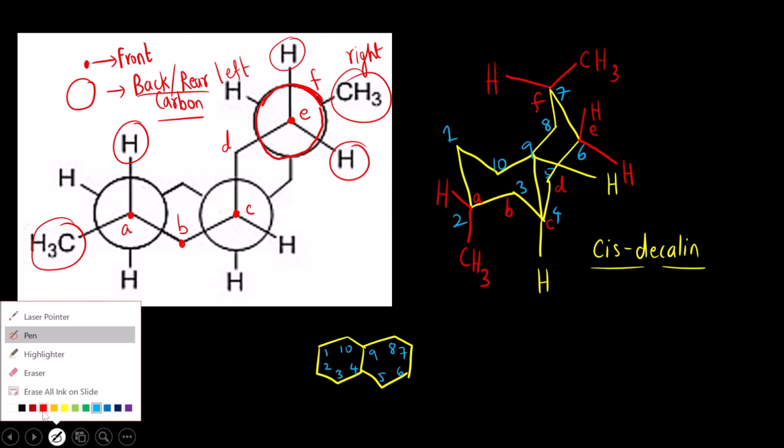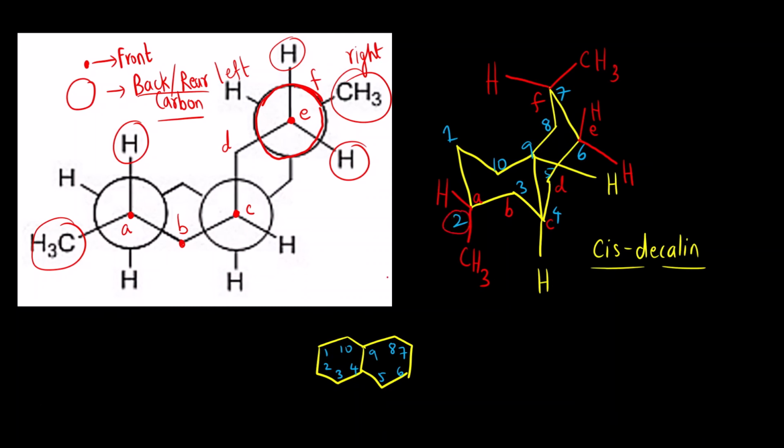Now we can draw the groups. At the second position there is hydrogen which is above the plane like this, and below the plane there is methyl. Then at the fourth position hydrogen is below the plane. At the fifth and sixth positions there are two hydrogens. At the seventh position, hydrogen is above the plane.